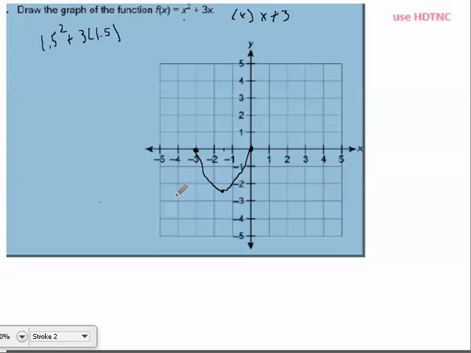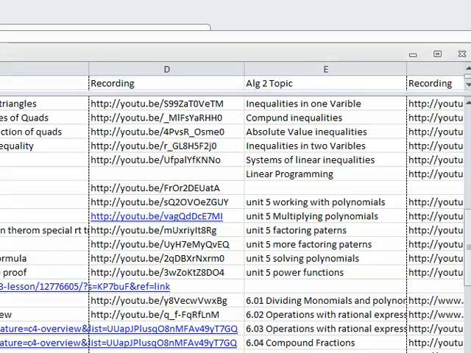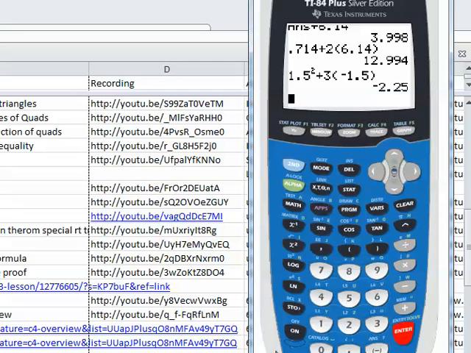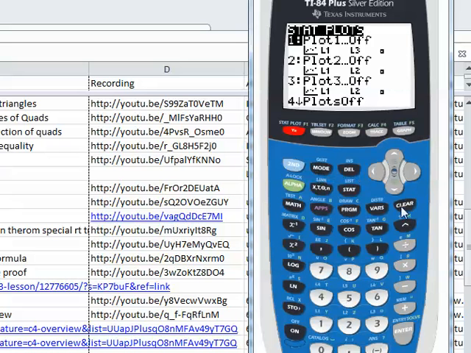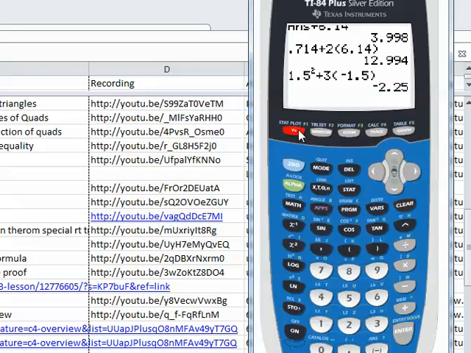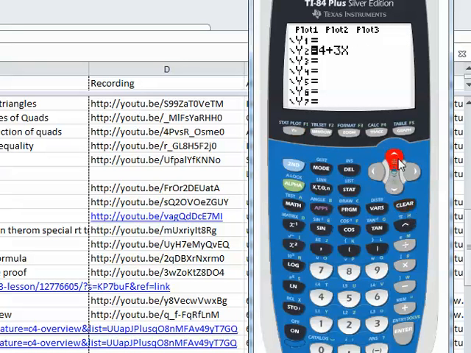Okay? Now if you want to check this and make certain we've done it correctly, whoops, that didn't go where I wanted it to go. Let's go over here and press y equals, clear.